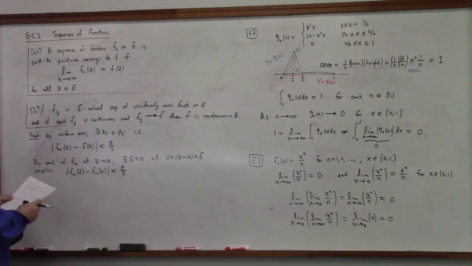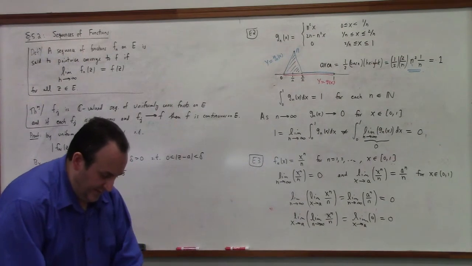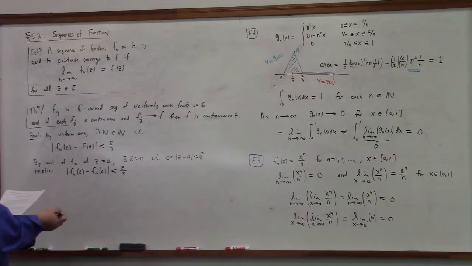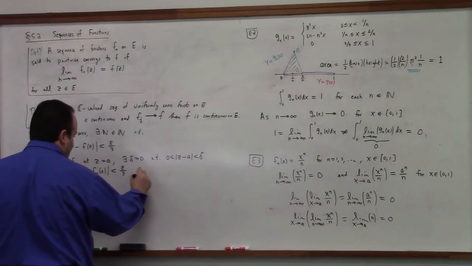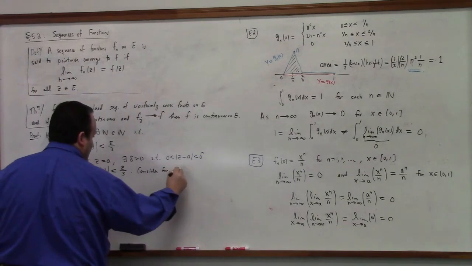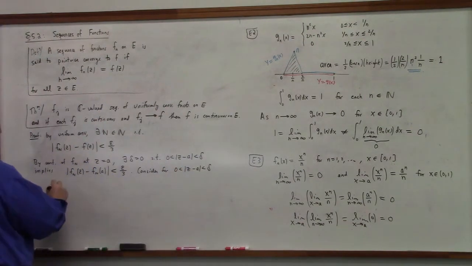All right. We claim that f of z is continuous at z equals a by the same choice of delta. So consider, for 0 less than modulus of z minus a less than delta, the modulus of f of z minus f of a.